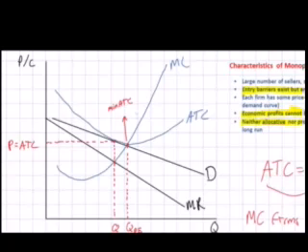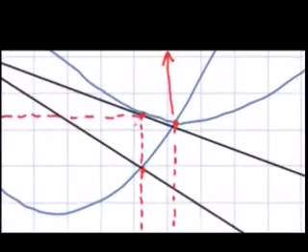The next question then is whether or not the firm in the monopolistically competitive market will be allocatively efficient. And to determine this, we must look at demand, which is a signal of marginal benefit. If marginal benefit equals marginal cost at the firm's profit maximizing quantity, then we can say that the firm is allocatively efficient. But let's look closely here.